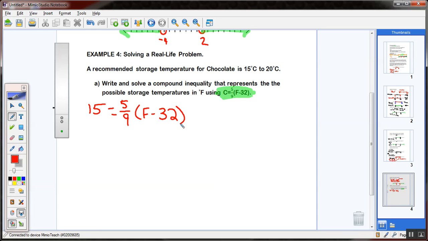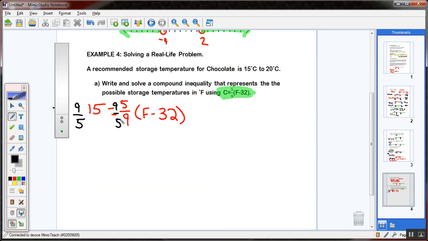How do I get rid of this fractional coefficient out front? How do you get rid of the 5/9? Multiply by the reciprocal, which is 9/5, right? Let's do the part on the left.